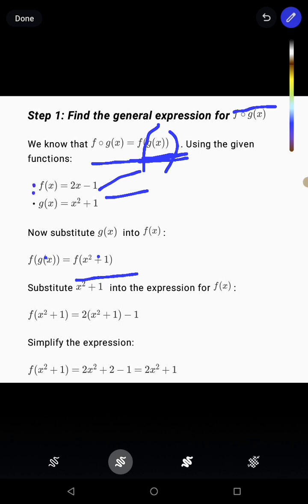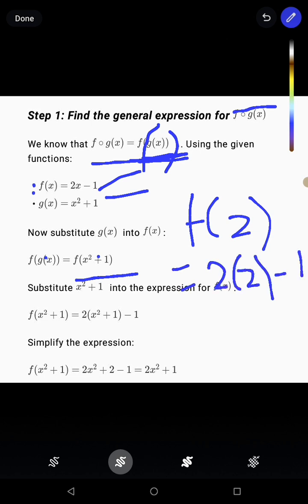If f of x equals 2x minus 1, then somebody will say, what will be f of 2? It means that will be 2 times (2) minus 1, which is 2 times 2, that is 4, minus 1, 3. If that was your guess, then you are correct.